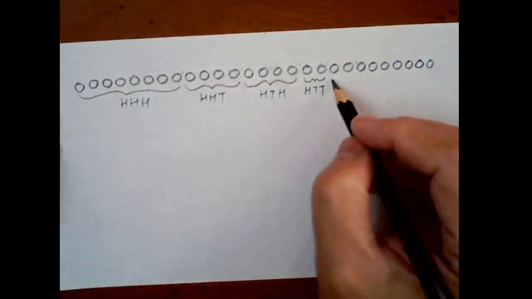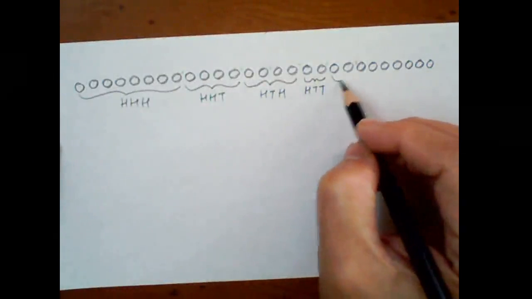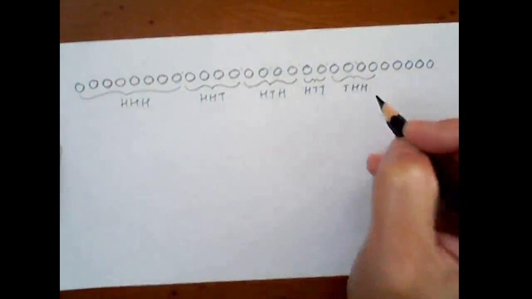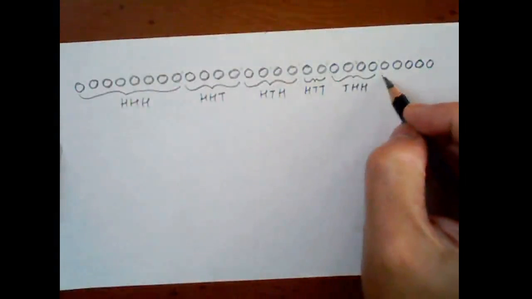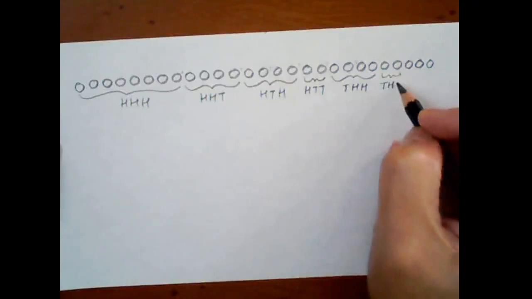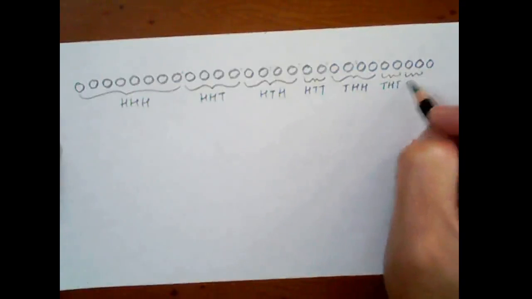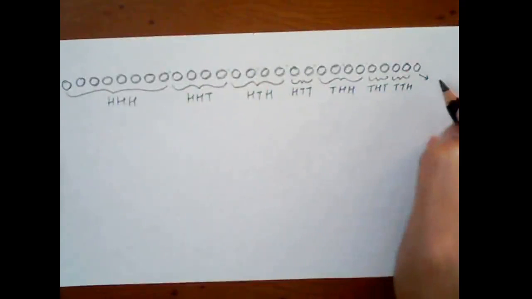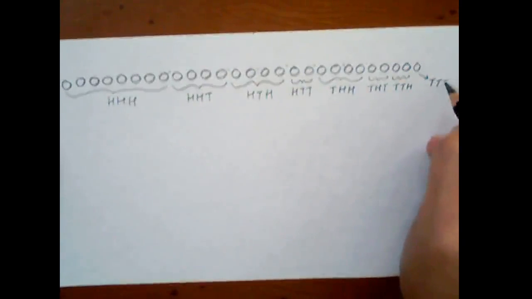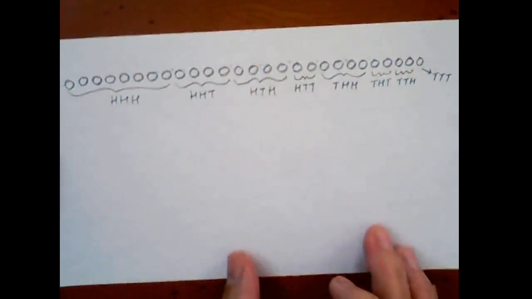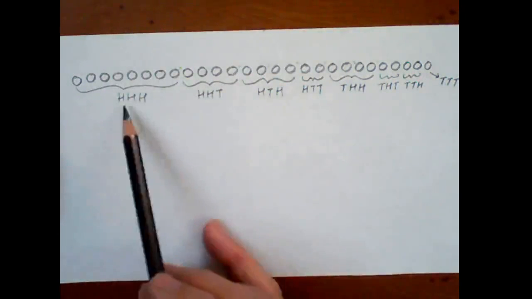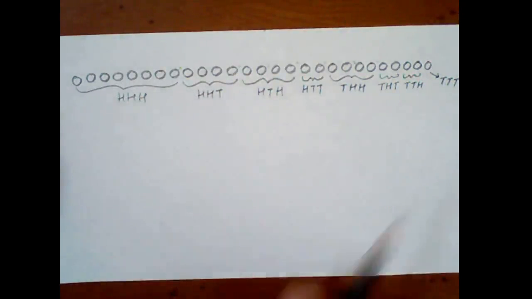Then 4 occasions, you are going to have T, H, H. 2 occasions will be THT. 2 occasions will be TTH, and 1 occasion will be TTT. So we have these 27, and out of 27, the distributions are as follows.